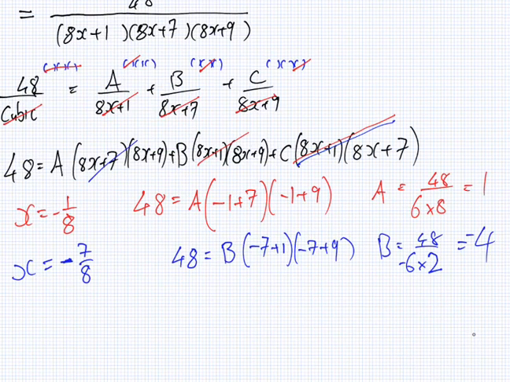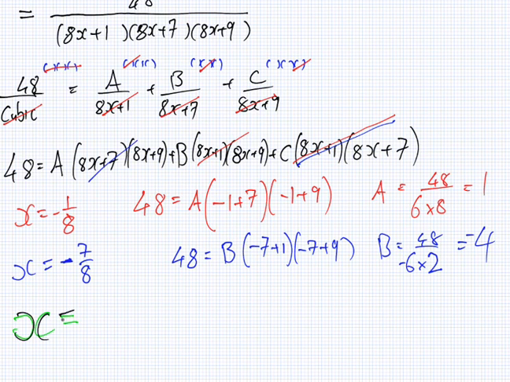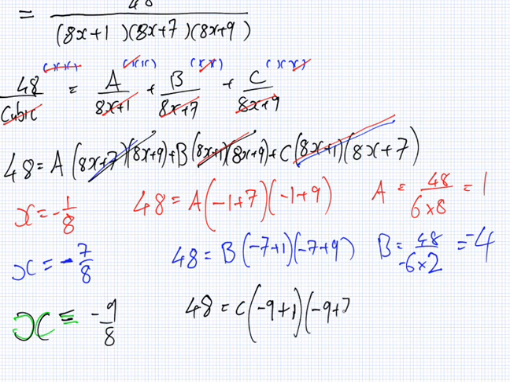Okay, my last one, what should I choose for x? Minus 9 over 8. So that piece would go, and I'd be left with 48 equals c, minus 9 plus 1 times minus 9 plus 7.